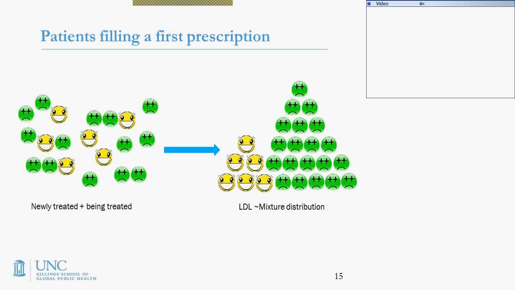Then the LDL prior to the prescription fill will follow a mixture distribution, because statins are so effective at lowering LDL. The patients who have been treated should have a lower mean, on the left.